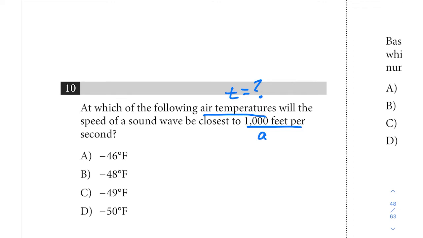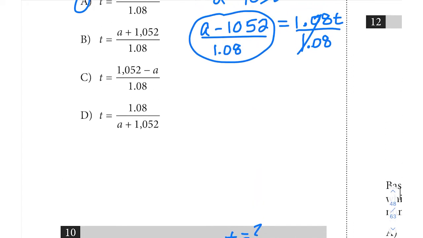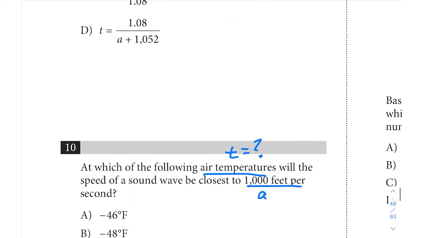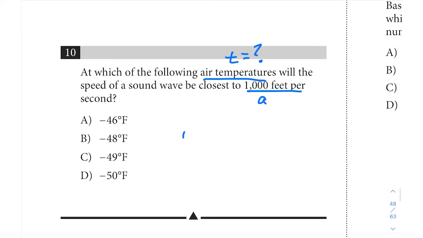So since they're asking for T, question 9 actually helps us out quite a bit because we already know how to isolate T. So if T is equal to A minus 1052 divided by 1.08, then we can use that equation here to solve this.